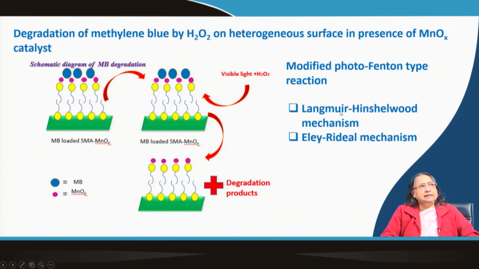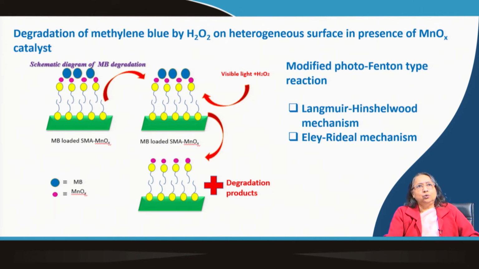So, in this type of heterogeneous catalysis, there is a substrate and a reagent, or there are two substrates. At least one substrate has to be adsorbed on the catalyst surface, at least one. It can be two also, both may be adsorbed, or at least one should be adsorbed.